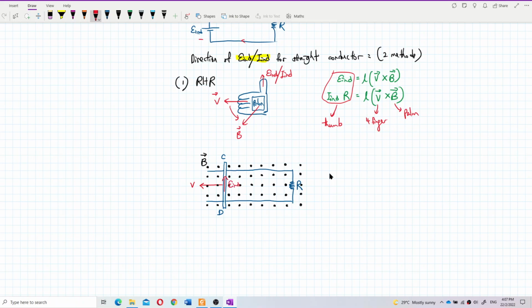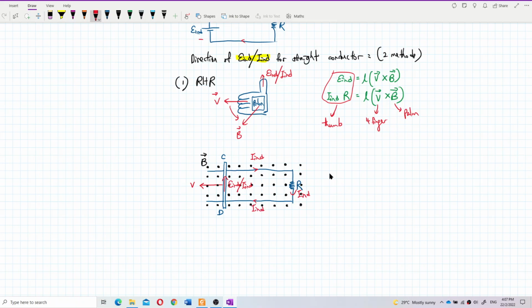Same goes to my induced current direction, in the same direction, going up. So induced current comes out from here, and then goes down from here, and then goes to here.